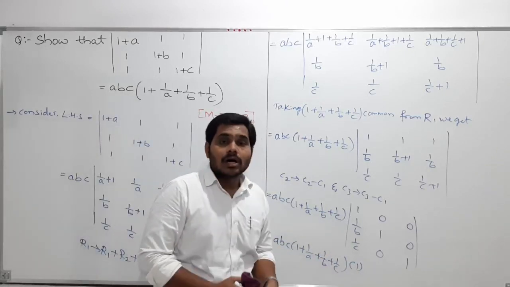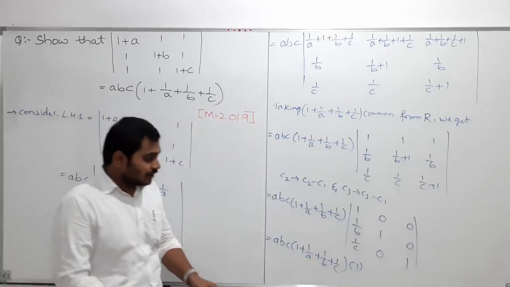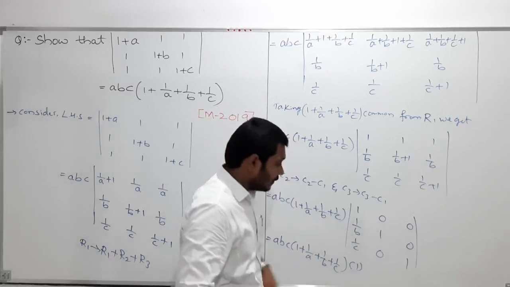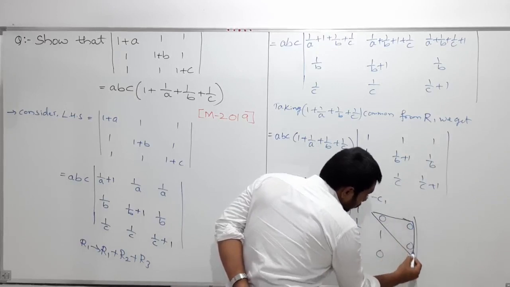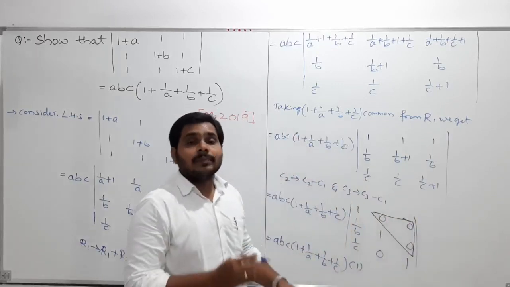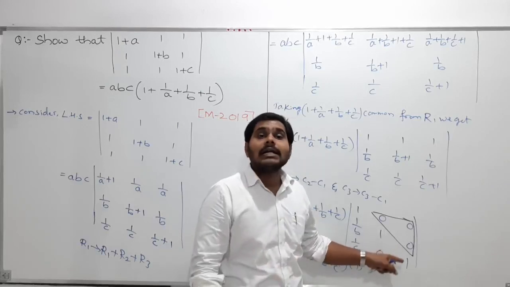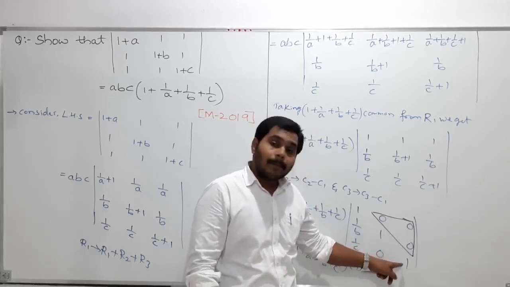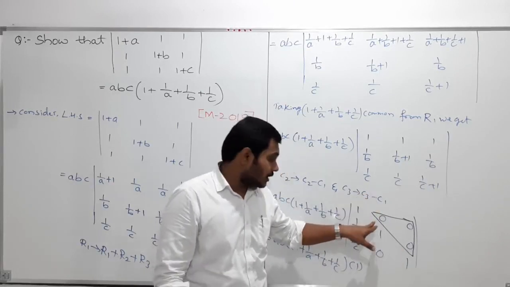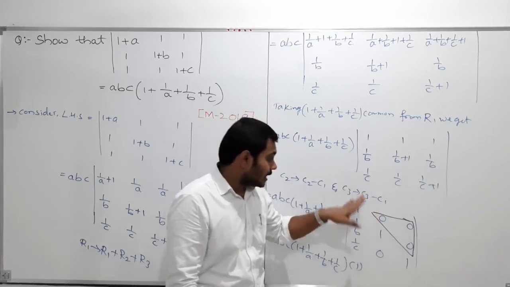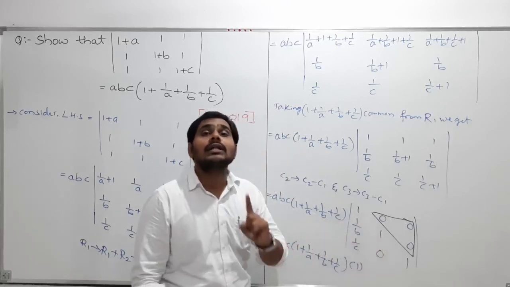This is because already in the previous videos I told you that if the determinant is a triangular matrix, here it is a lower triangular matrix, the determinant of a triangular matrix is the multiple of the diagonal elements. So any triangular determinant, the determinant value is the multiplication of the diagonal elements.